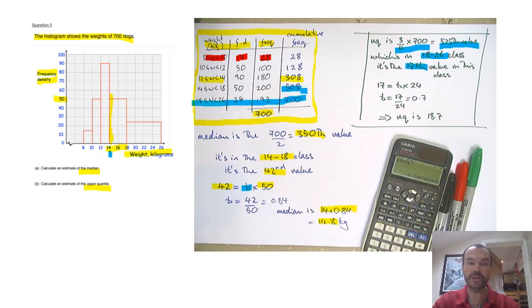So we want a rectangle here whose area is 17, but the height of that rectangle is 24 if you read it carefully. So the base of that rectangle, that bit there, is 17 divided by 24, 0.7. The upper quartile is 18.7.